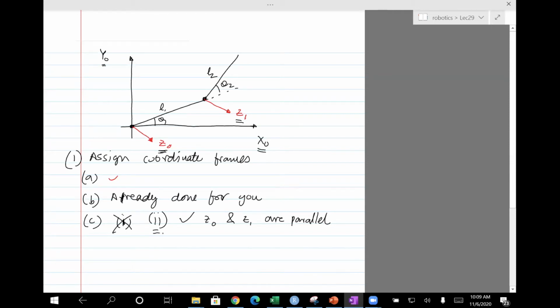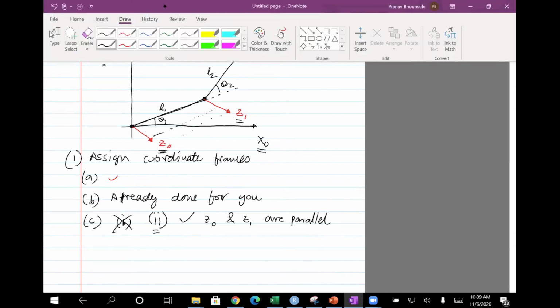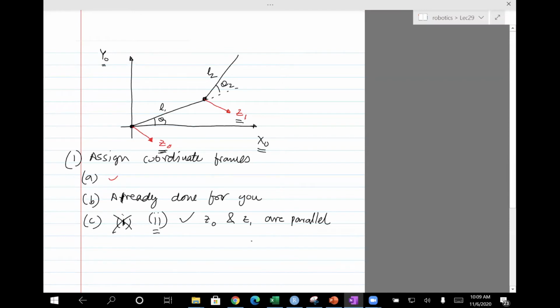Okay, so if they are parallel, this is number 2 from the handout. There are infinitely many perpendiculars, right? So this is one perpendicular. You can draw another one like this, and then you can draw more like that, right? So there are infinitely many perpendiculars. So the suggestion is, try to draw xi, here i equals 1, so that it intersects zi, which is z1.